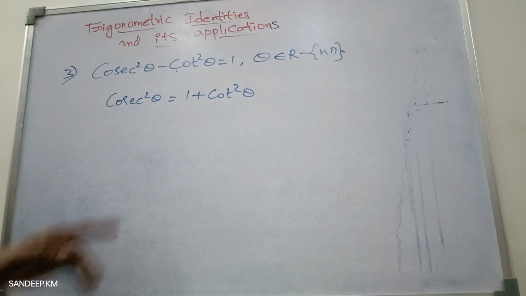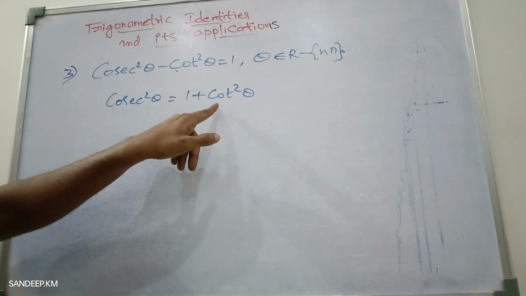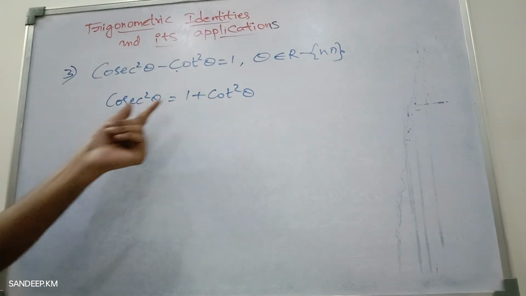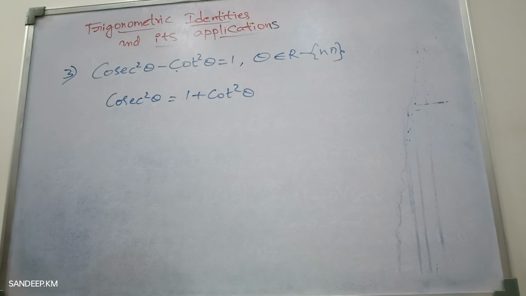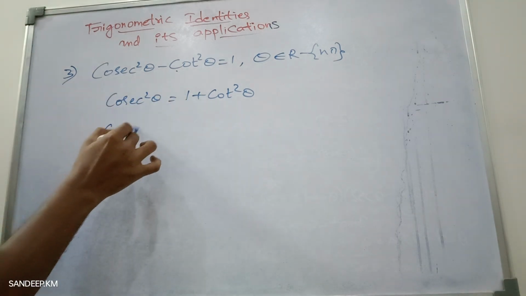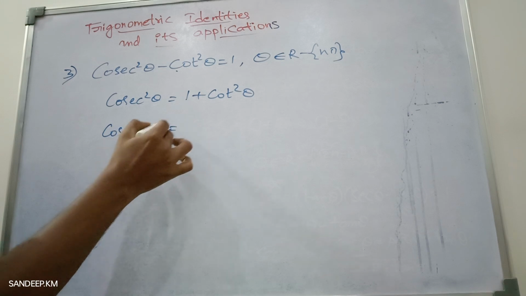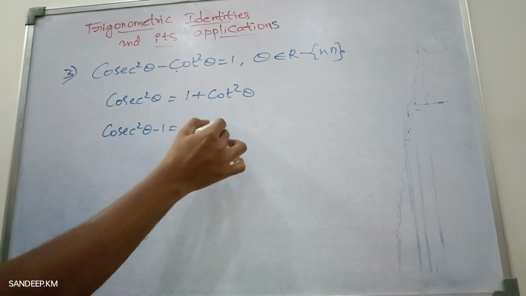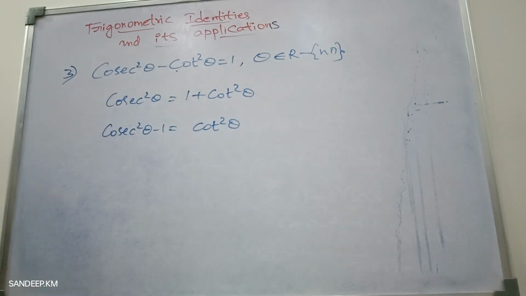So in problems, if you find 1 plus cot square theta, you can remember that it is equal to cosec square theta, and you can continue solving. Or take plus 1 to the left side: cosec square theta minus 1 is equal to cot square theta. I can use it either way.